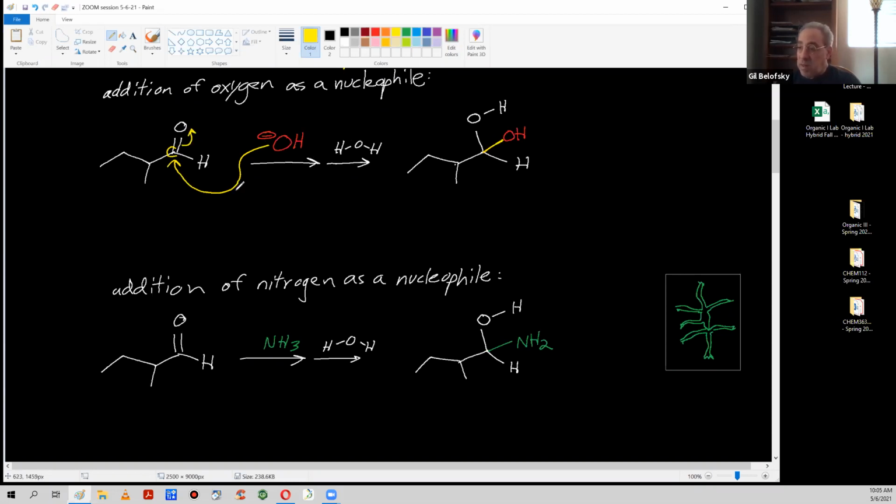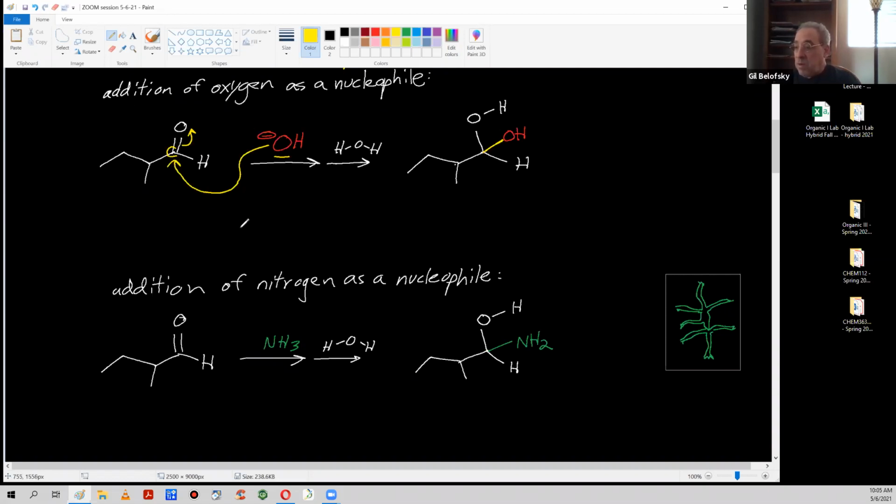And these arrows show the same exact bonds forming and bonds breaking as what's happening above with the hydride addition. So there's really almost no difference between that reaction and this reaction, except that you're adding an oxygen nucleophile here. The thing that's forming the bond is the nucleophile, and you're adding a hydride nucleophile above. But otherwise, it's the same thing.